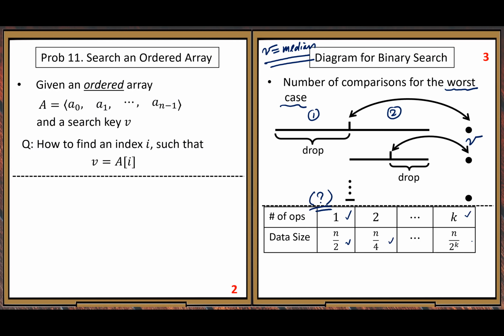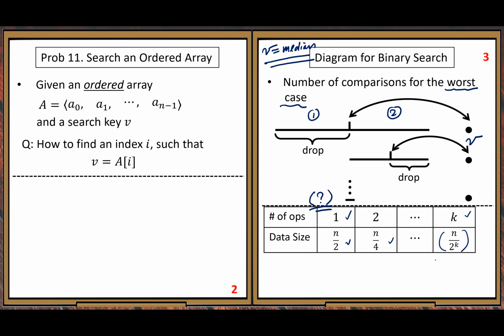After k comparisons, the data size to be considered becomes n over 2 to the kth power. So you can see the data size is reduced quickly. Every time divided by 2, cut it in 1/2. So this reduction is pretty fast.